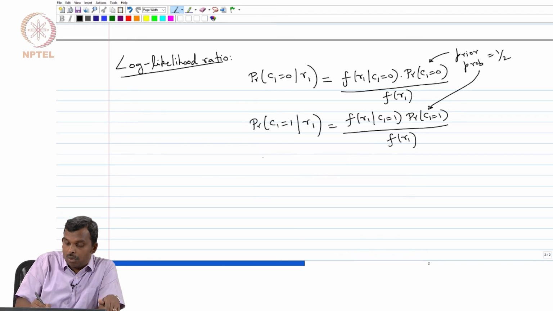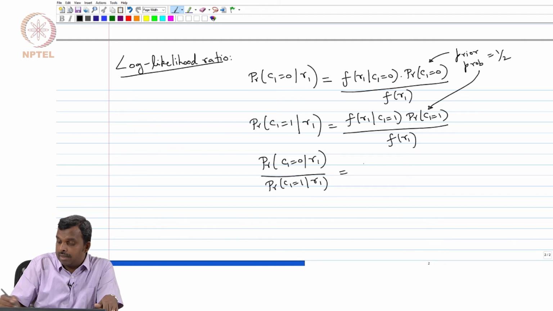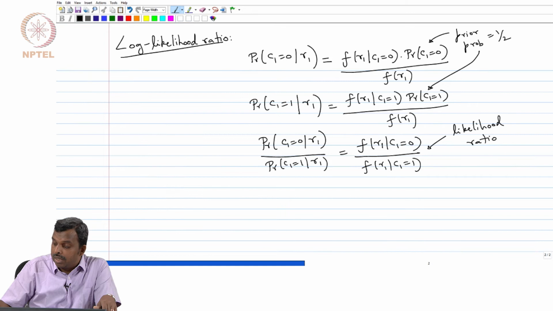It gets rid of some of the quantities that you don't really care too much about. Under this assumption of half probability, I simply get the ratio of the likelihoods. So this is the posterior probabilities and this is the ratio of the likelihoods. This is called a likelihood ratio, and one can compute this quite nicely.